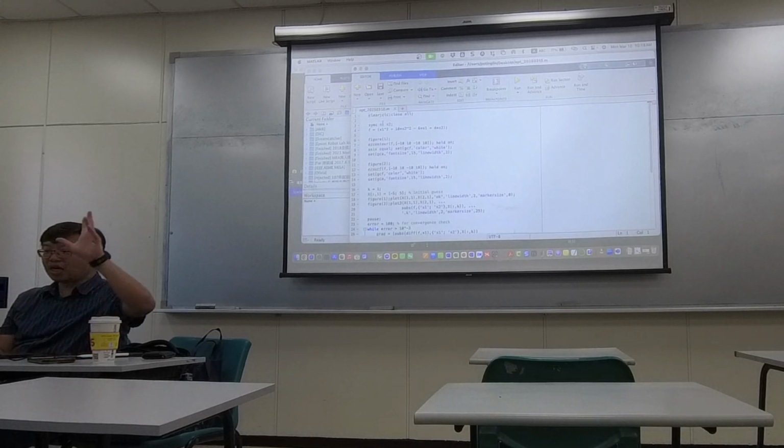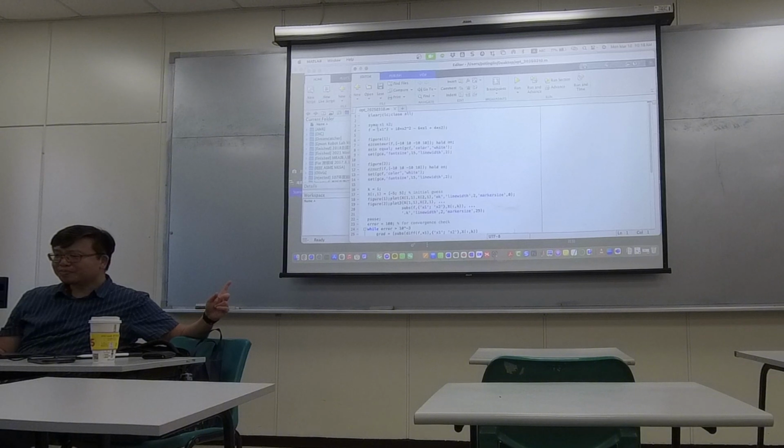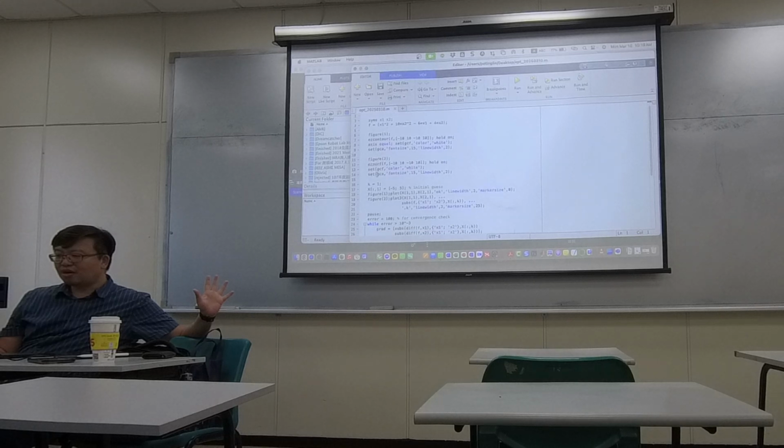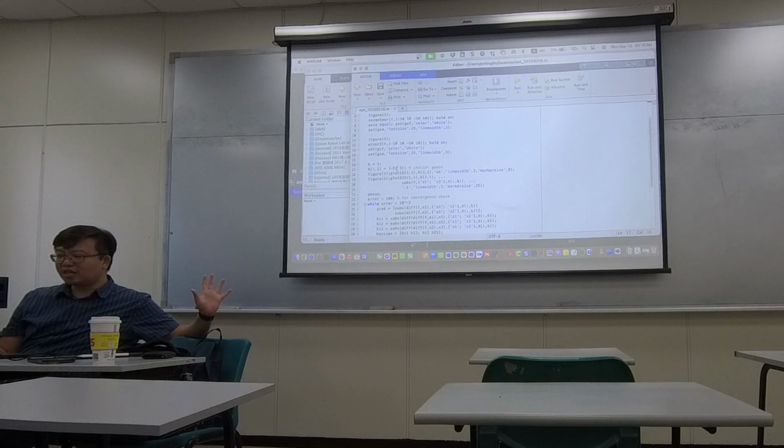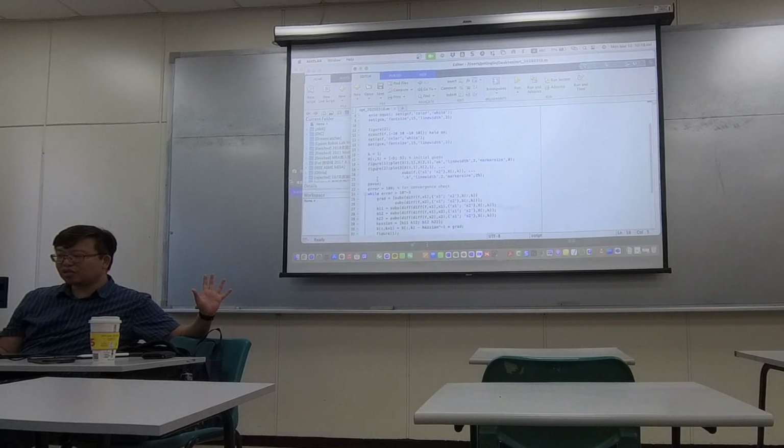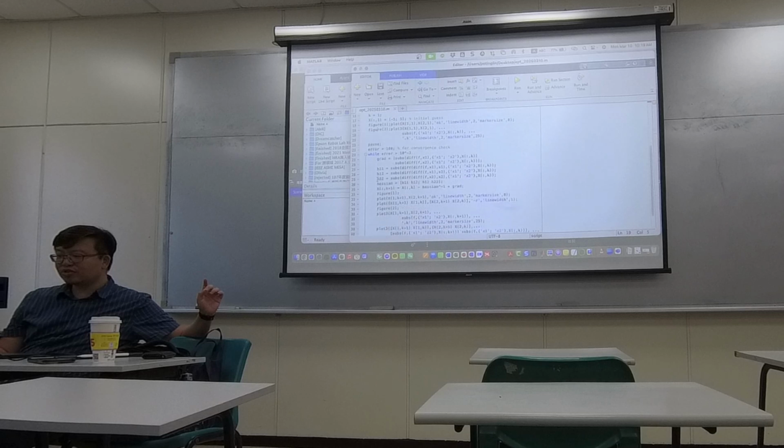So last time we used symbolic. We plot the functions out. Initial guess, figure 1, figure 2. I don't remember why I did 2 figures.